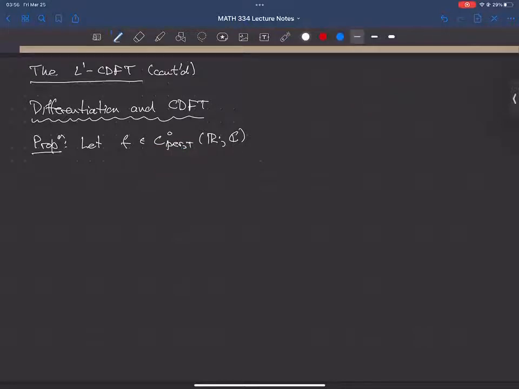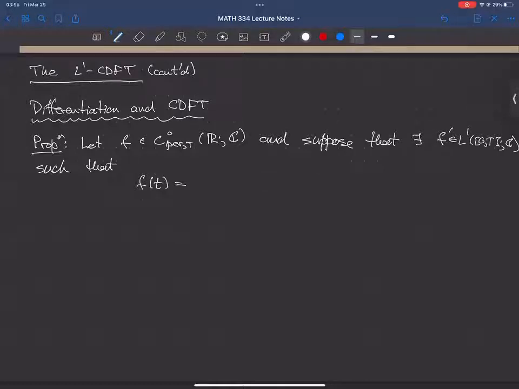So let's let that be true, and suppose that there exists an f prime in L1 of 0 to T such that f of t is equal to f at 0 plus the integral from 0 to t of f prime of tau d tau.